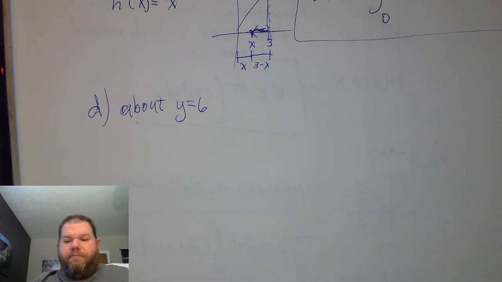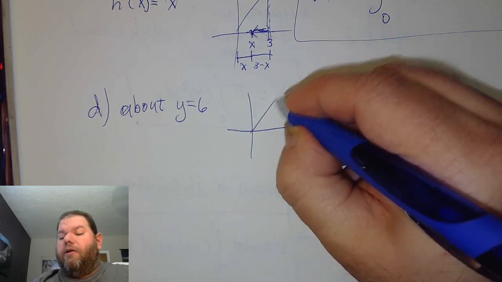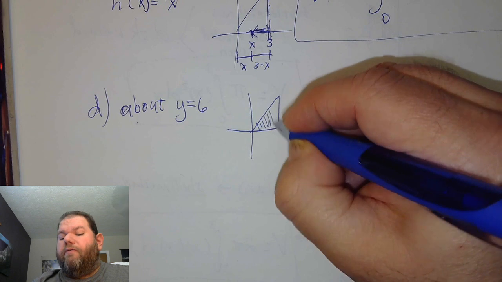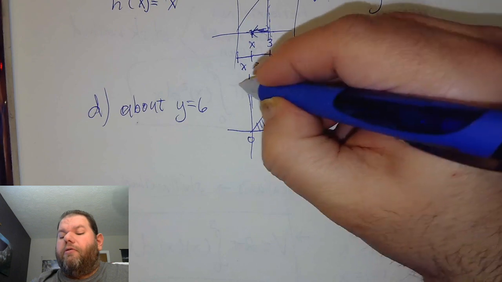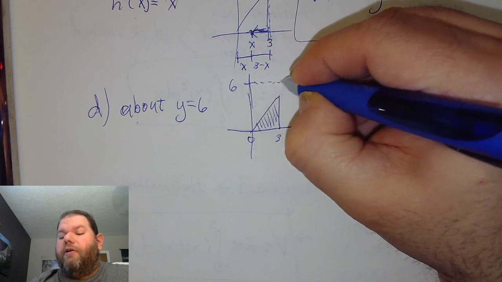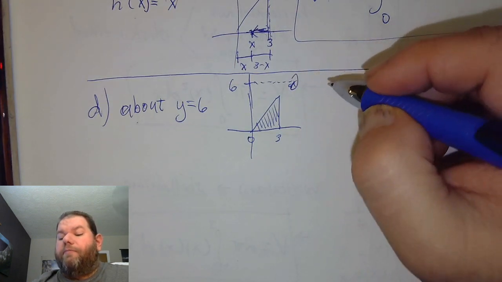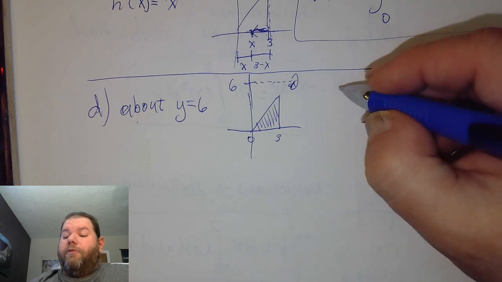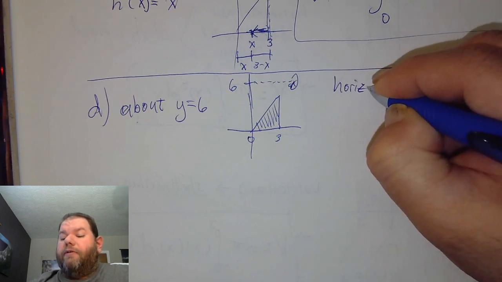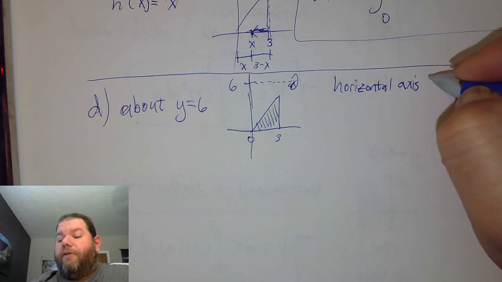Okay, we're doing good on time. So we have the same shaded region from 0 to 3. Now, we're taking 6 as our axis of revolution. Now, this time we have a horizontal axis, so we'll eliminate shell method basically.